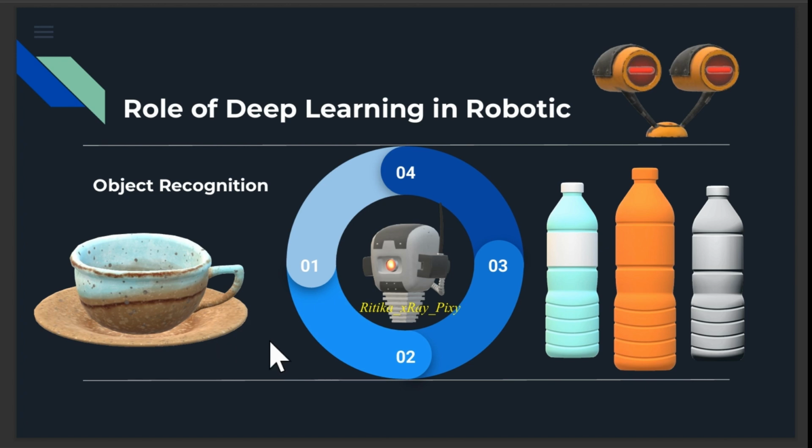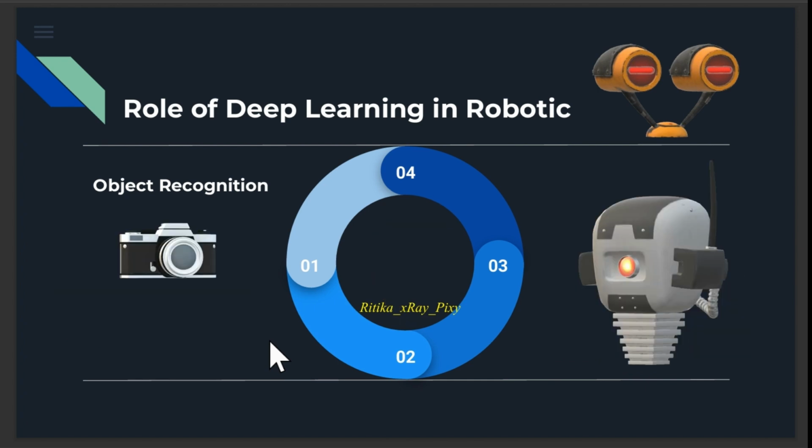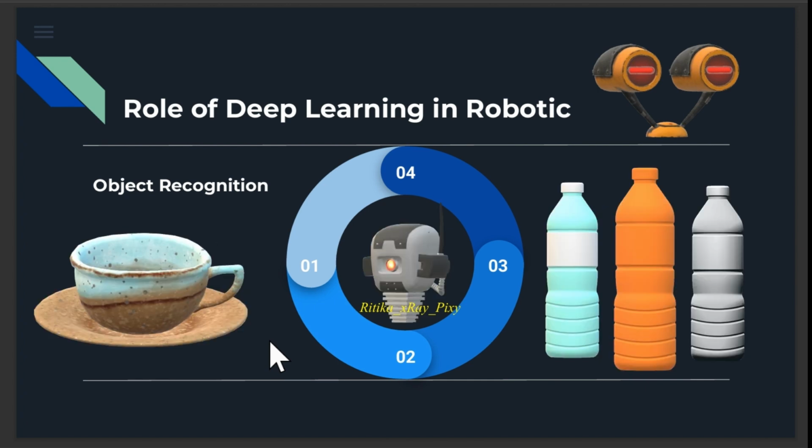So we have eyes. In case of robot, we are using the camera's sensor so that it can see, then deep learning so that it can identify. This ability is important because the robot needs to know what it's dealing with to interact correctly, like knowing to grip a cup gently or to avoid knocking over a bottle.